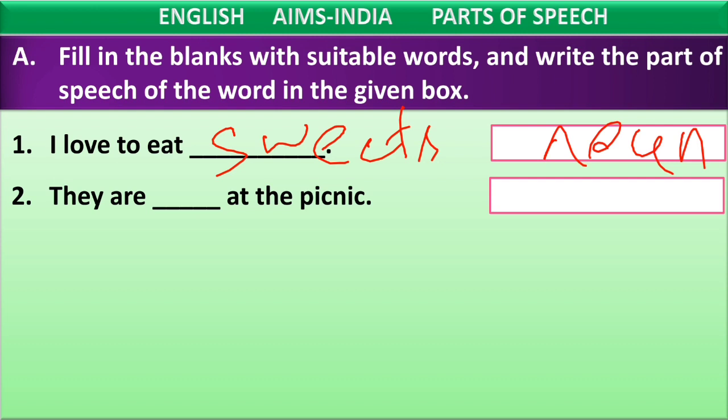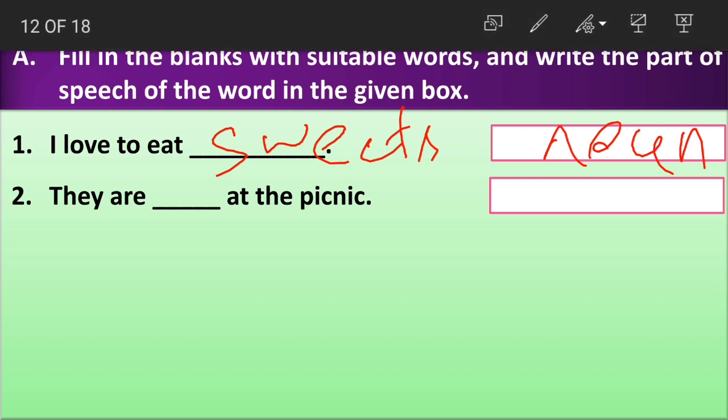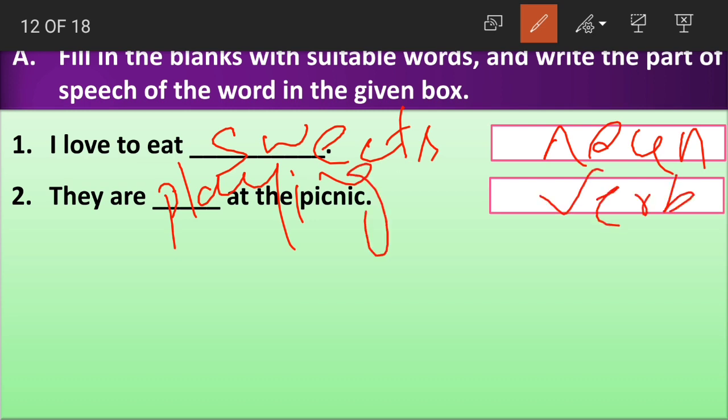Sometimes if we gather family, we'll play Antakshari type of competitions. So here there is some work done, that's why this particular word becomes a verb here. If I write, they are playing, then this becomes the verb here.